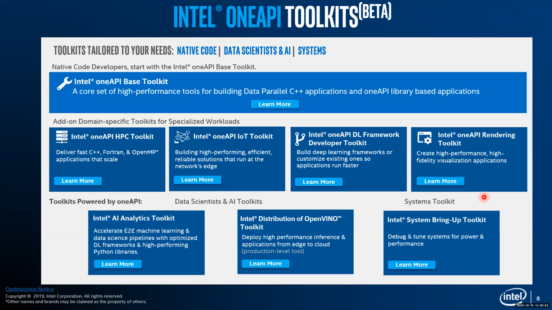So it's under heavy development. What you'll see here is we have a base kit, which is our core set of high performance tools. Basically, that's where you get started with the OneAPI base toolkit.